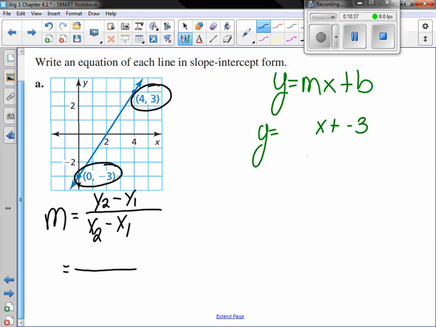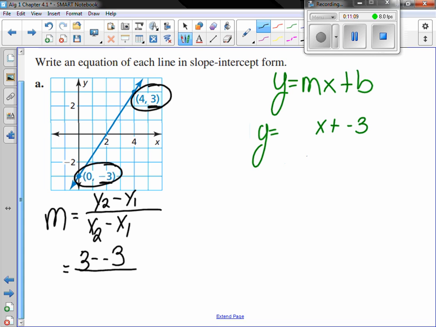Now what goes on top is our y values, 3 and negative 3. Which one do we want to use first? It doesn't really matter. We just need to pick one. So 3 minus negative 3, because a point is always in the form of x comma y, so the y value would be second.